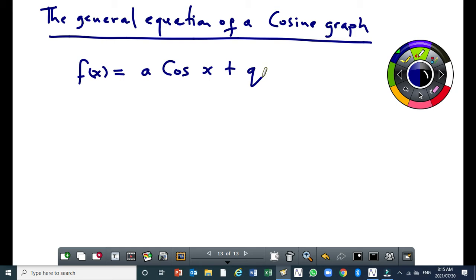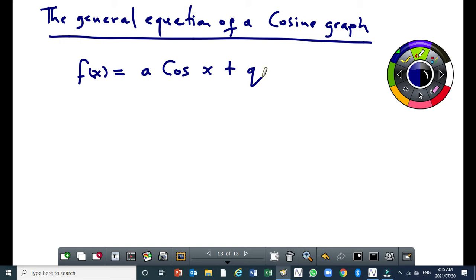Okay? So all I'm doing here is just replacing the sine by that cos. But the general equation, they're like a similar pattern or a similar notation. Okay, and please be aware that when I put f of x here, I can replace that f of x by y. So sometimes I might write y, sometimes I can use f of x.